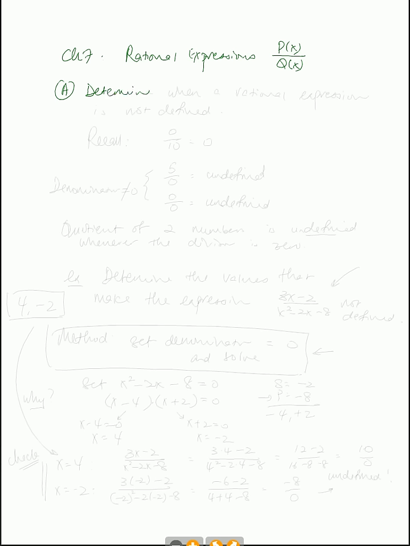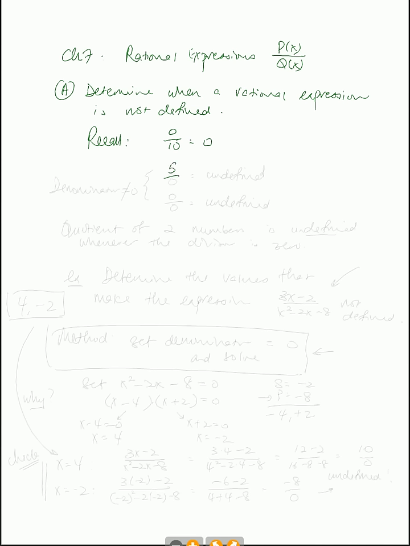First thing I need you to know is how to determine when a rational expression is not defined. So before I show you how to do it, let's recall something you learned in arithmetic about fractions. If you have 0 over 10, that's equal to 0.